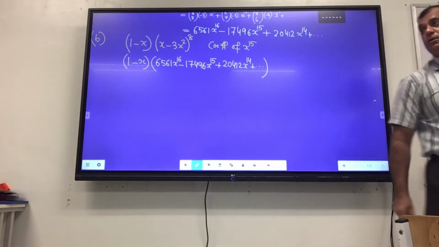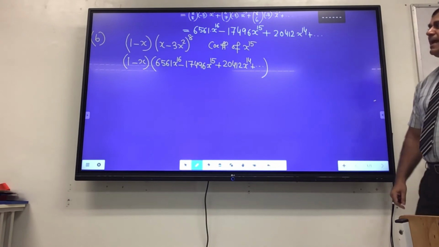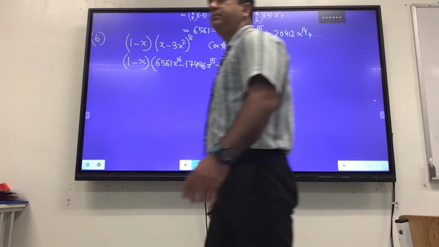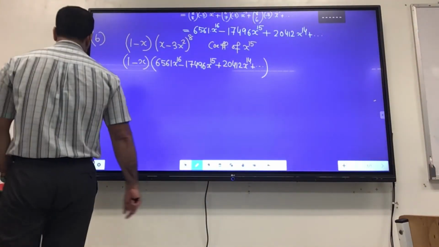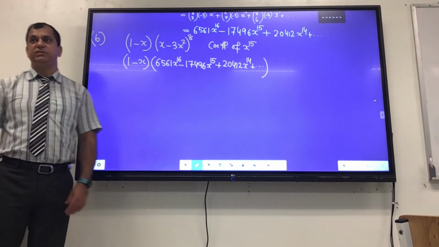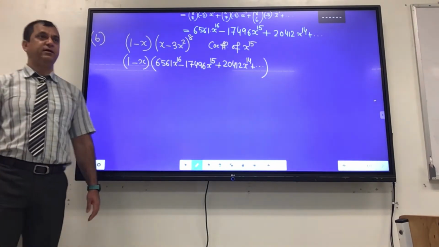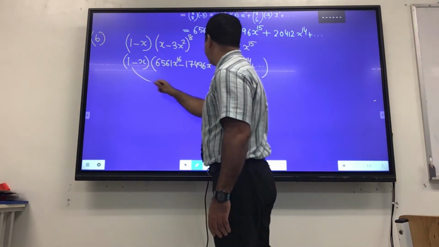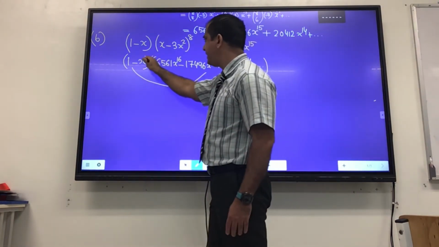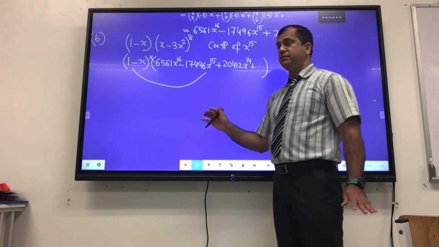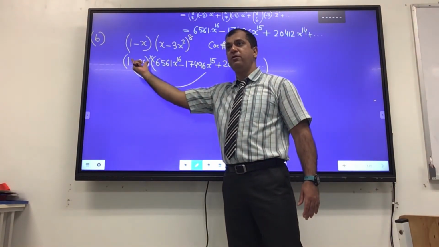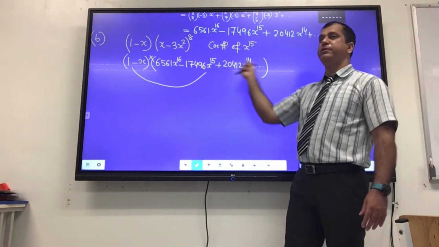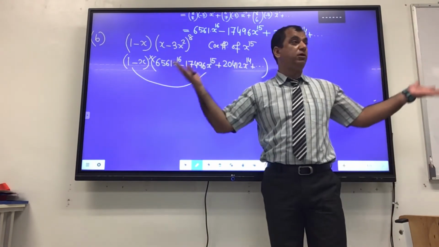So see here carefully. Now we want x power 15. Concentrate on the board. This binomial needs to multiply with this big polynomial, right? We don't need to multiply all terms.